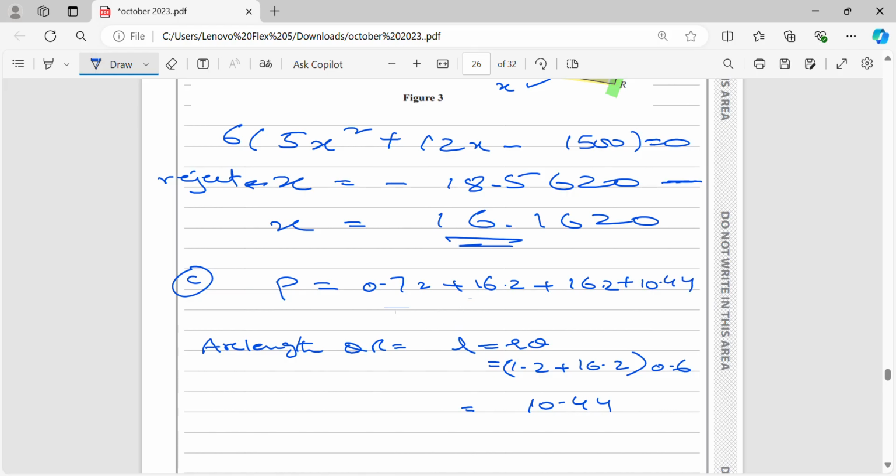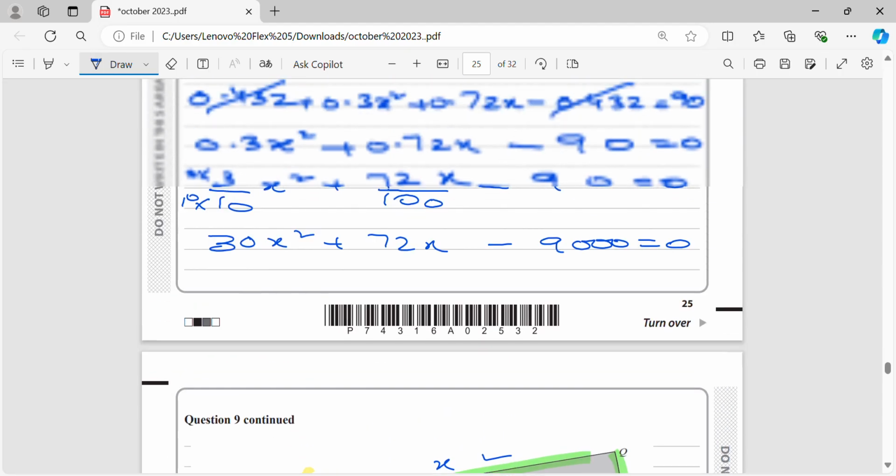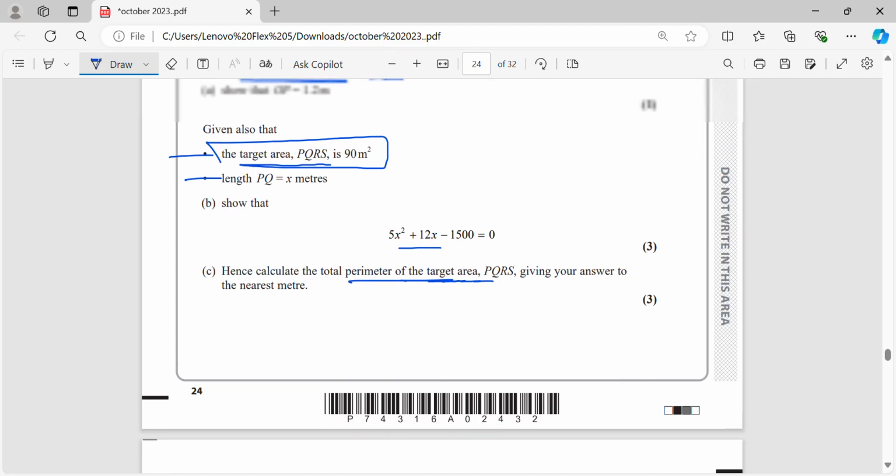So 10.44 plus 16.2 plus 16.2 again plus 0.72 is 43.56. So the perimeter here is 43.56. I just want to check how many decimal places.